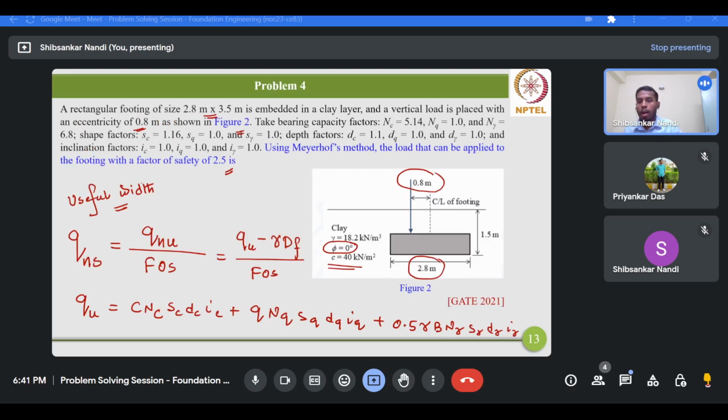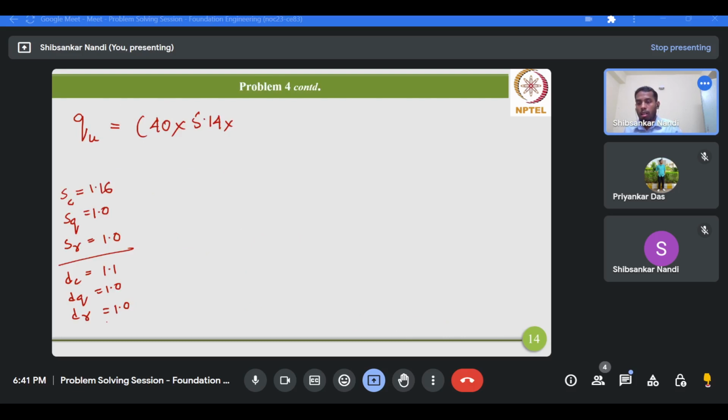And coming to Ic, Iq, I gamma, these are all 1. So now it becomes very easy to substitute. So it would be 1.16, 1.1, 1.